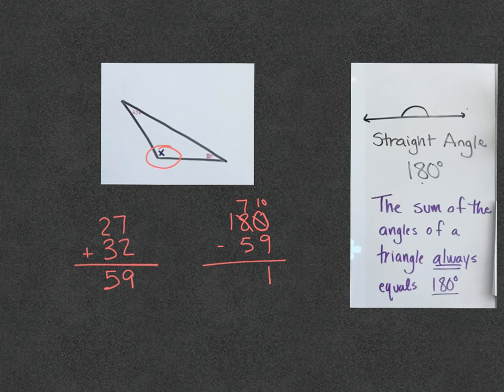So 10 minus 9 is 1, 7 minus 5 is 2, and 1, so 121. So x equals 121 degrees. And once again, if we want to check, we can do 121, 27, 32. We get 10 and 180.